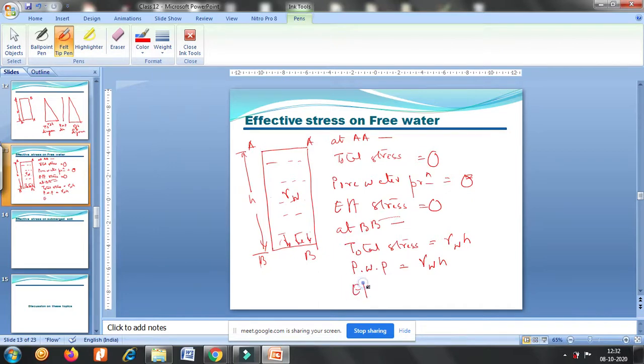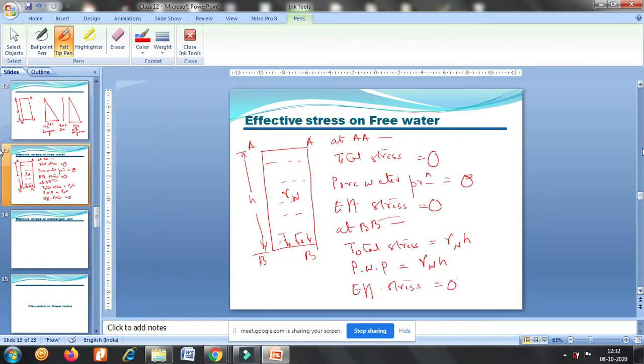Then effective stress is equal to total stress minus pore water pressure, so it is equal to 0. So at the top the total stress and effective stress are 0, and at the bottom the effective stress is also 0. The total stress varies gradually from 0 at the top up to the depth H, where the total stress is equal to gamma W into H. The pore water pressure is also equal to gamma W into H.